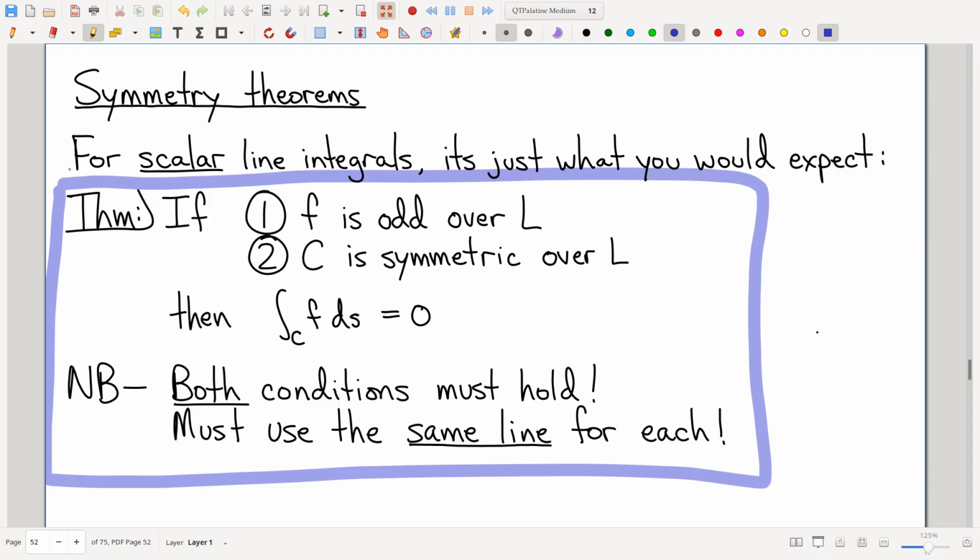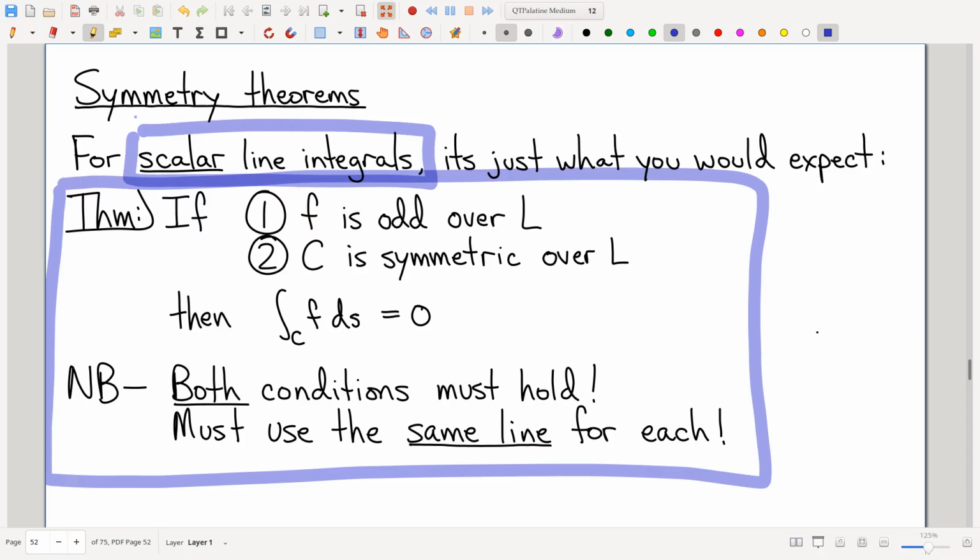The reason it's true is just like the other odd symmetry theorems we've talked about. It's the same basic ideas as the odd symmetry theorem we talked about for single variable integrals, for double integrals, and for triple integrals. It's the same basic idea, just now instead for scalar line integrals.